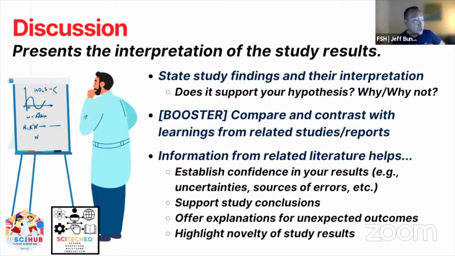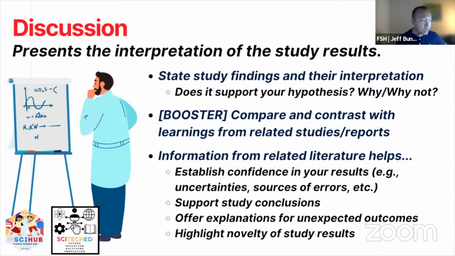Review of the literature also helps you support your study conclusions. Sometimes our data is limited, but if it's consistent with the data of others, you can say that though my samples here are limited, the results I obtained are consistent with the observations of this group and this famous person in this field.